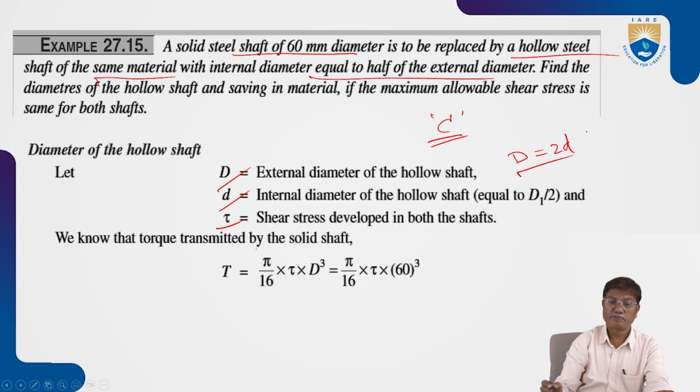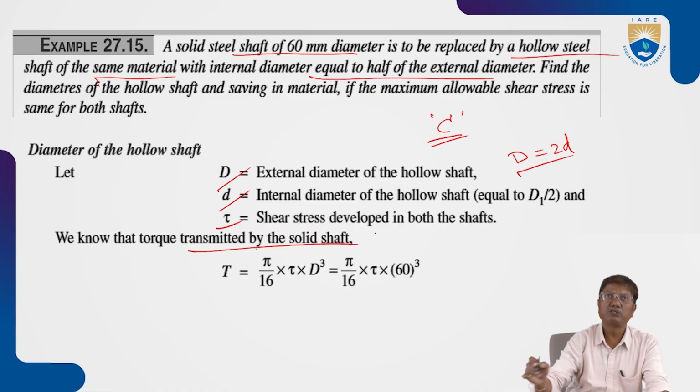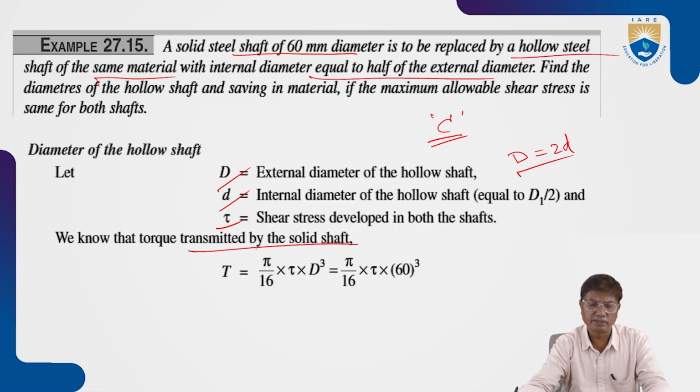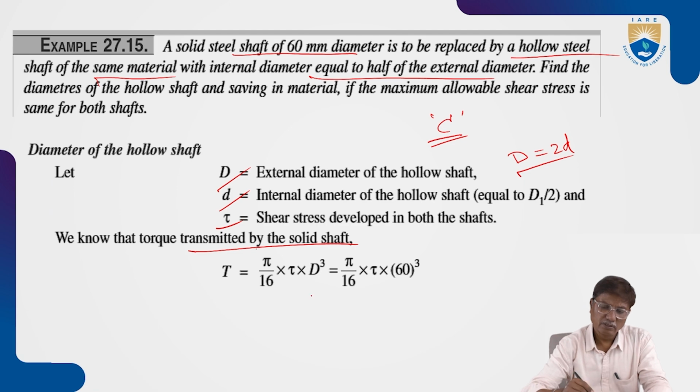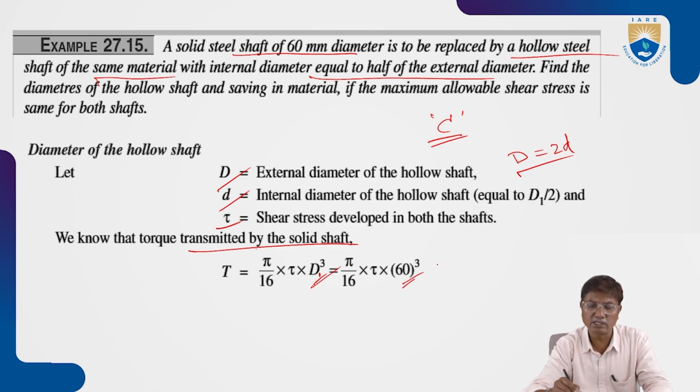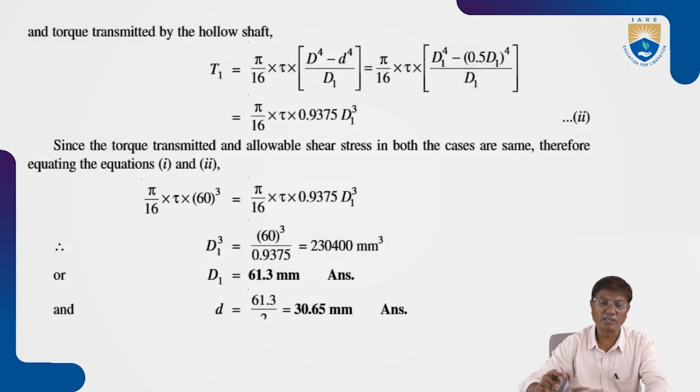So the torque transmitted by the solid shaft, where the diameter of the solid shaft D1 is given as 60 mm, is pi by 16 tau d cubed, isn't it?